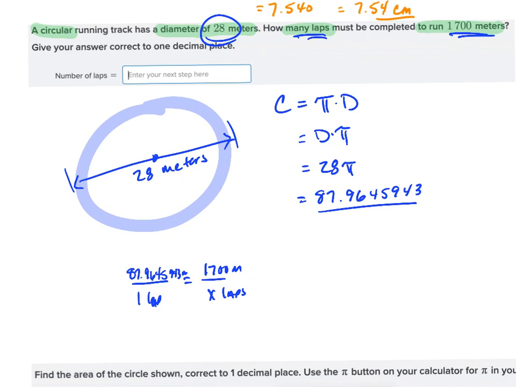This is a proportion problem. So we could just do it this way, and that means we're going to use the cross products. That means 1,700 meters equals 87.9645943 times x, which means we're going to divide both sides by 87.9645943.